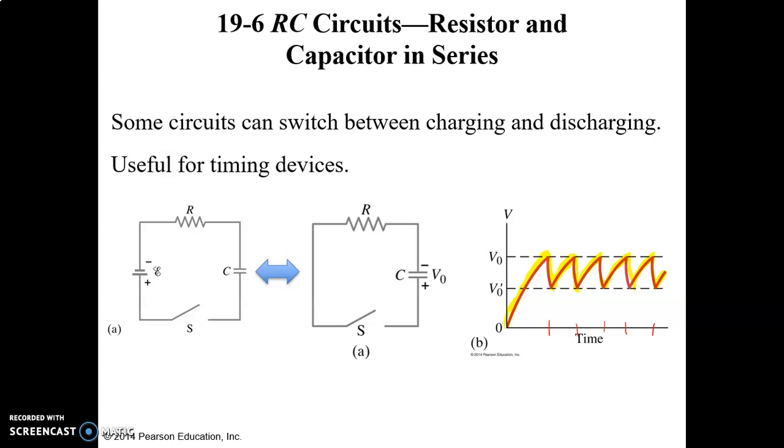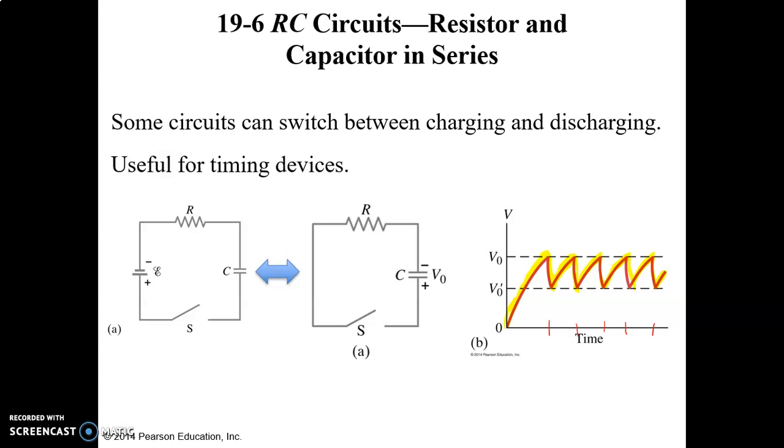And so this works very well as a timer. So let's say you have a pacemaker. It's set to a battery. The RC circuit within a pacemaker will charge up with the battery until it reaches a particular voltage. Once it reaches that voltage, a switch in there flips and the capacitor is discharged, and that discharge causes the heart to contract, thus pushing all the blood through the body.